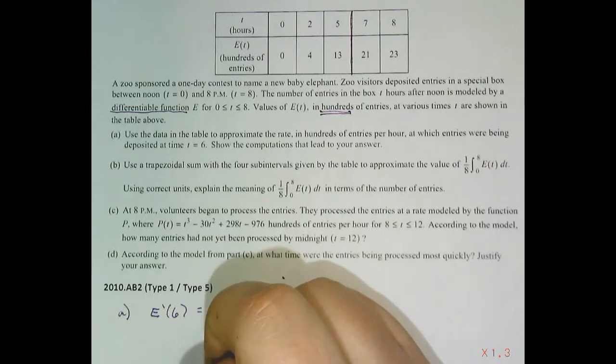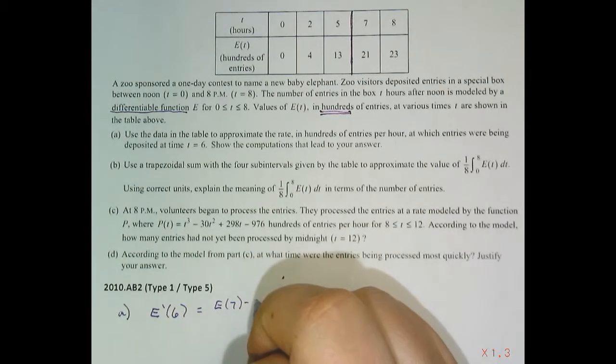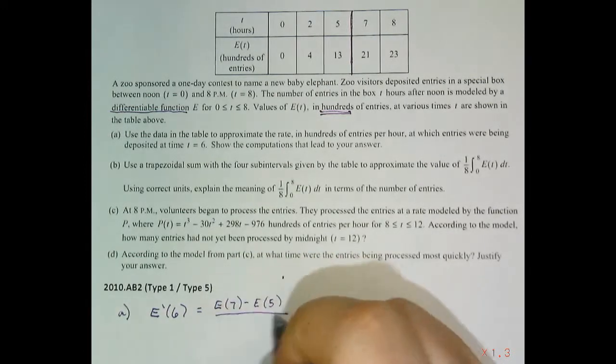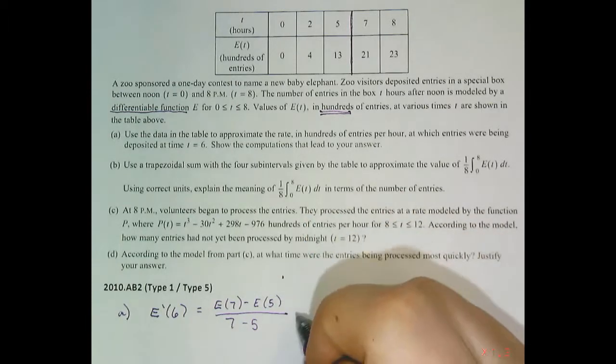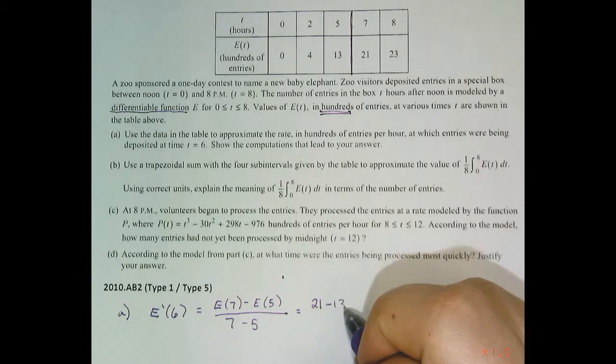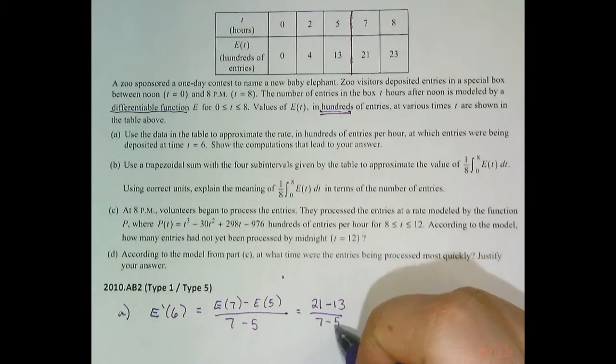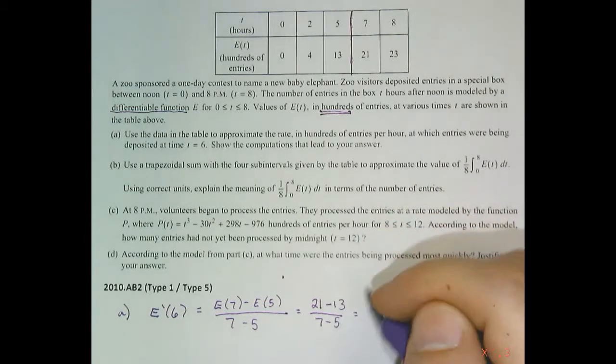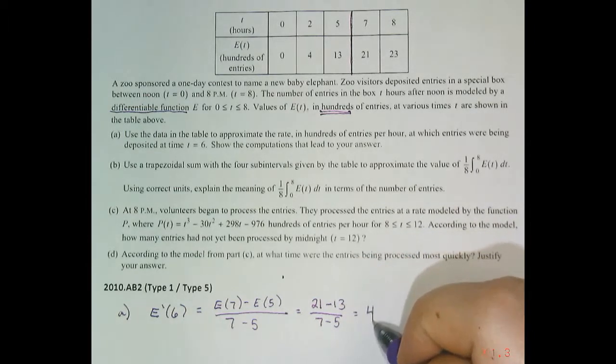So that would be E of 7 minus E of 5 over 7 minus 5, or if we evaluate these, 21 minus 13 over 7 minus 5 is 8 halves, or 4.